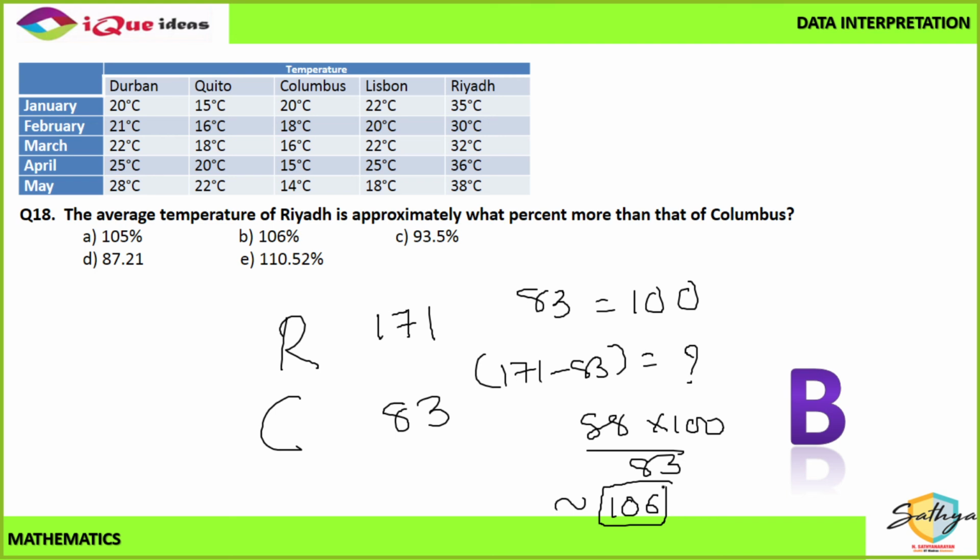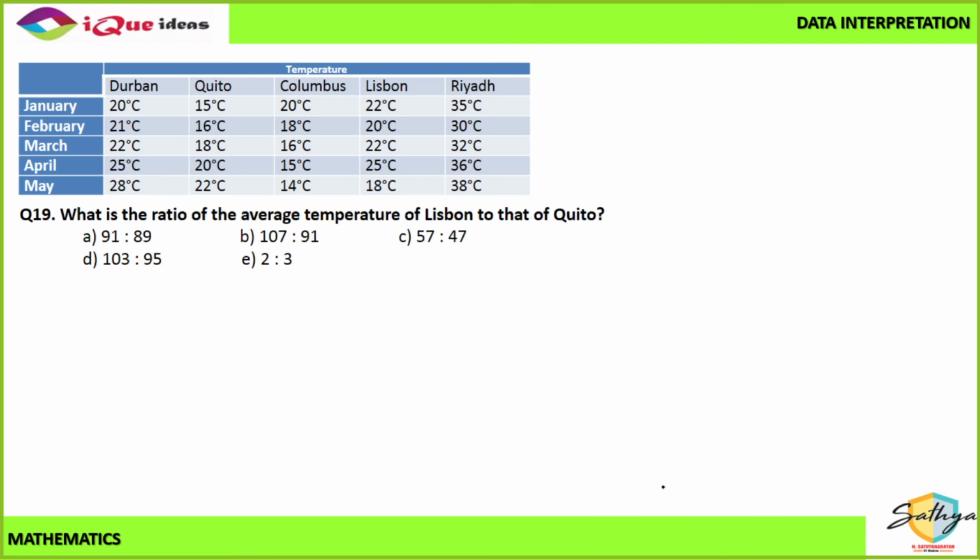Right. Next one. What is the ratio of the average temperature of Lisbon to that of Quito? Again, when you are finding a ratio, whether you take the total or the average, it does not make a difference. So don't divide by 5. Don't find the average, just find the total. You compare the totals, it will be the same. So for Lisbon, the total is what?